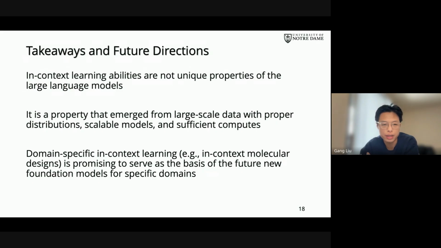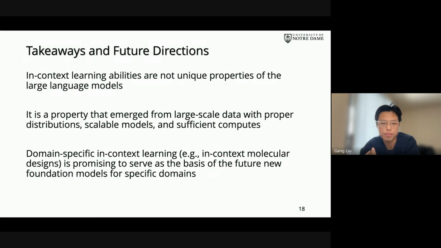DemoDiff and in-context molecular design are another case where in-context learning emerges. It's very promising to continue this line of study on domain-specific in-context learning or domain-specific foundation models, compared to pushing the large language model as the universal foundation model across all domains.